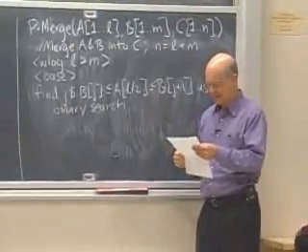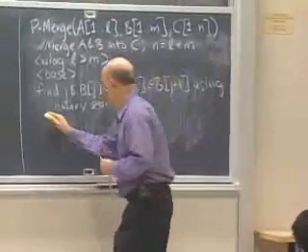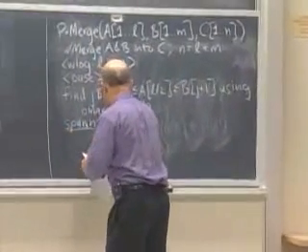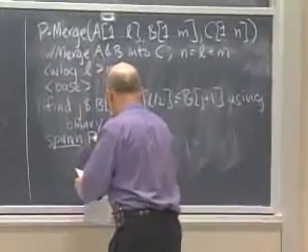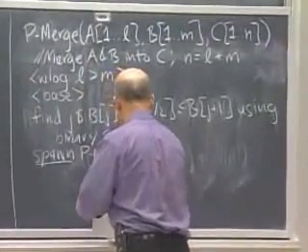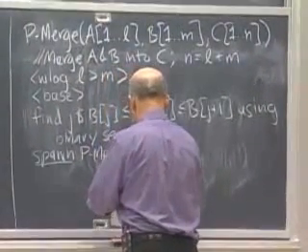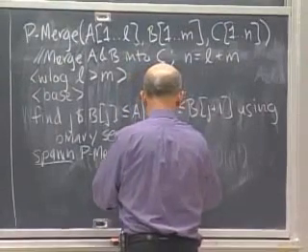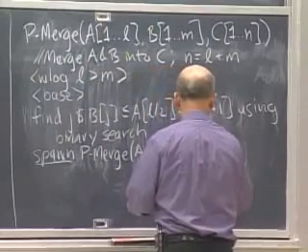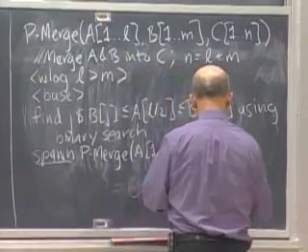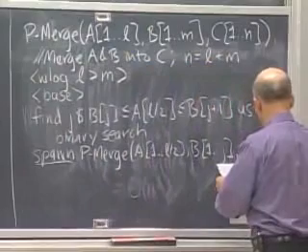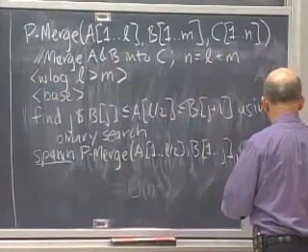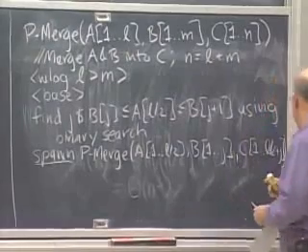Is that in first recitation or something? Yeah. It's amazing. Okay. And now what we do is we spawn off P merge of A of 1 to L over 2, B of 1 to j, and stick it into C of 1 to L over 2 plus j.